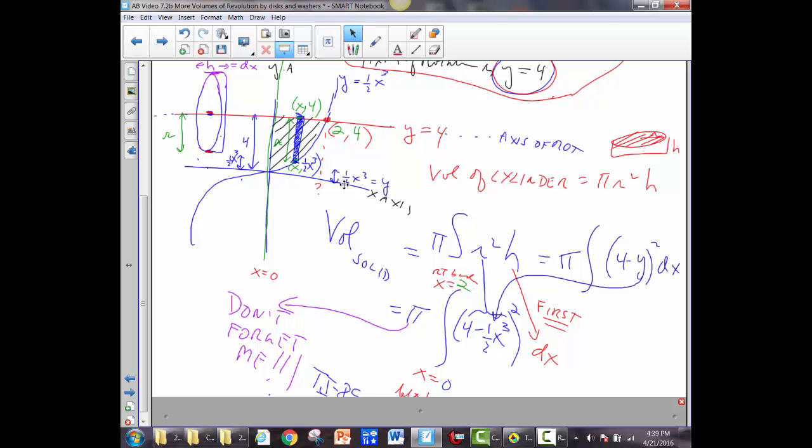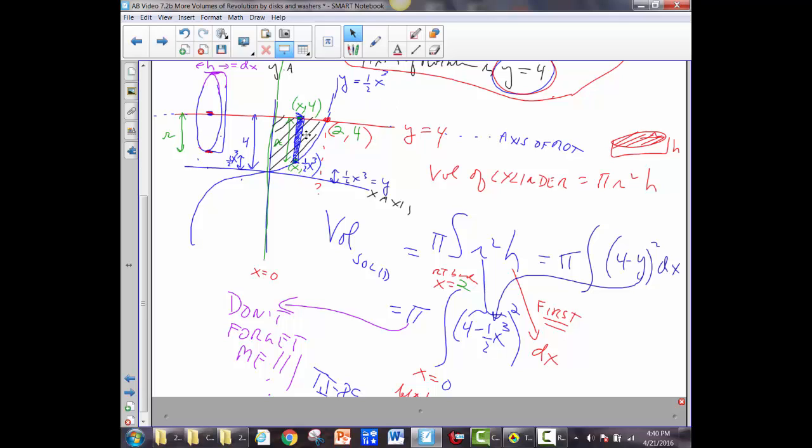And then your radius, now again, be careful here. Your radius is this distance right here, from here to here. Both of these points have an x-coordinate of x because they're above each other. But the y-coordinate on this one is 4 because that's the line y equals 4, whereas the y-coordinate on this one is a half x cubed because it's sitting on the curve y equals a half x cubed.